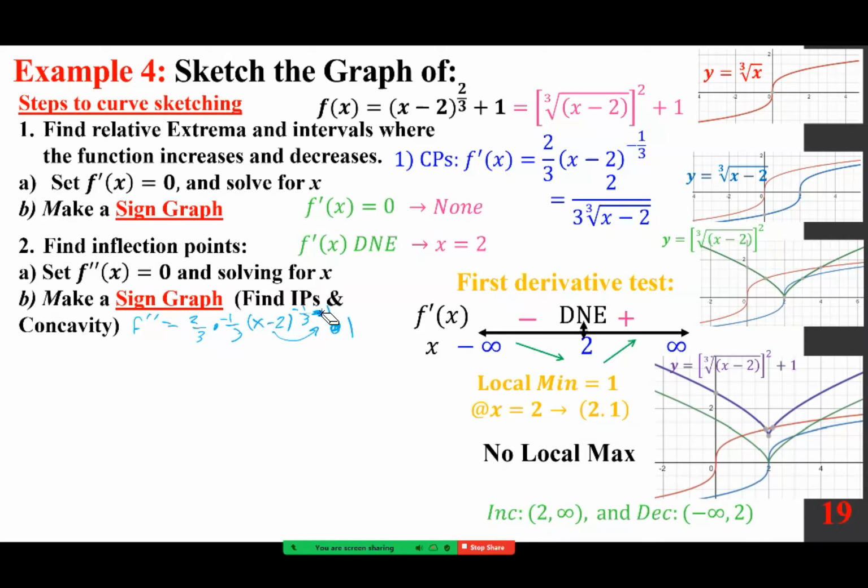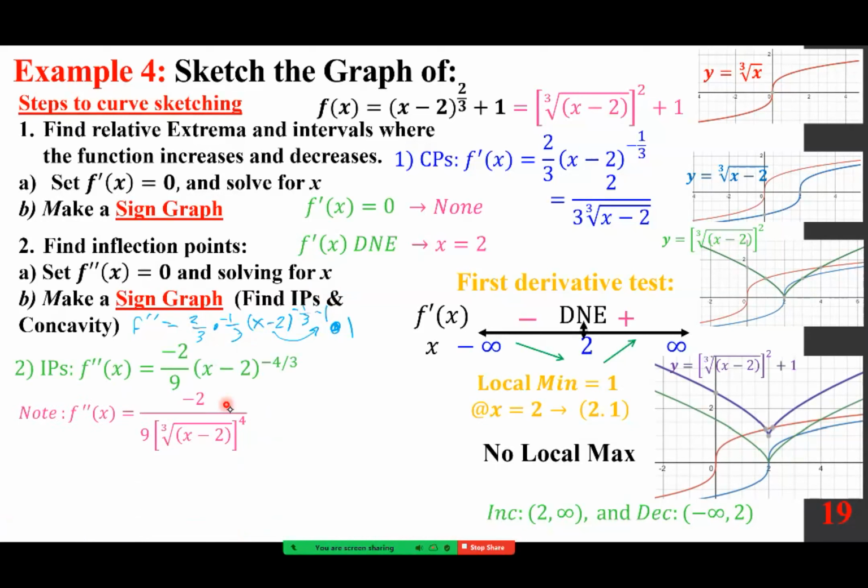So let me just clean this up. Therefore, we get minus 2 over 9, (x minus 2) to the power of minus 4/3, and we take this down, make it positive 4/3, and into a cube root.